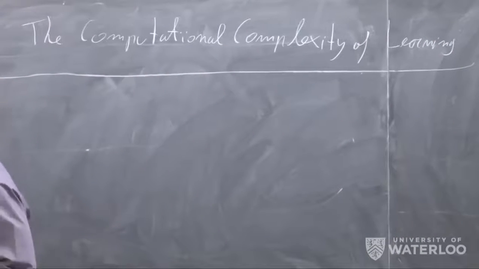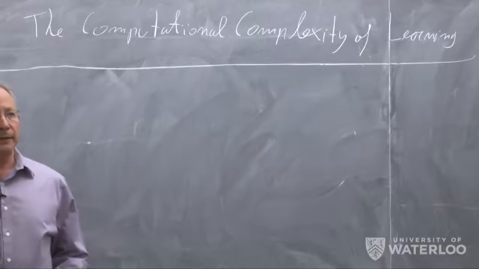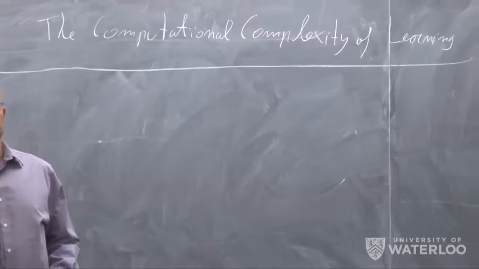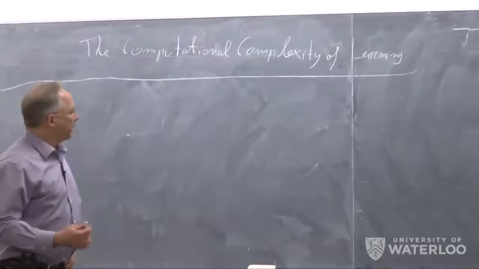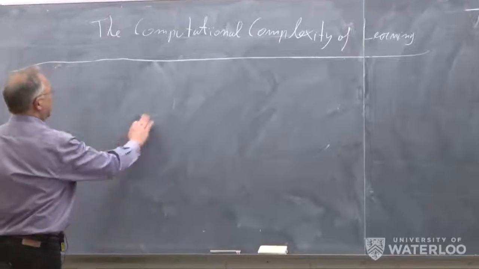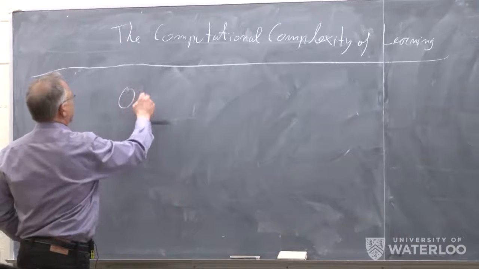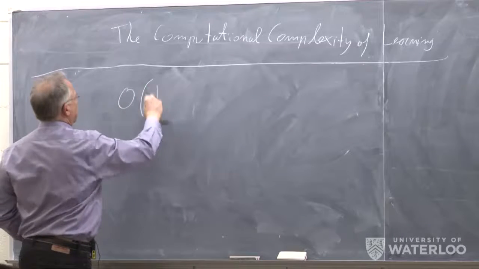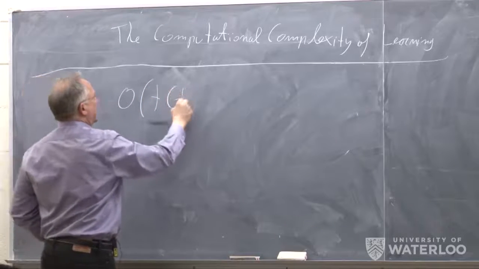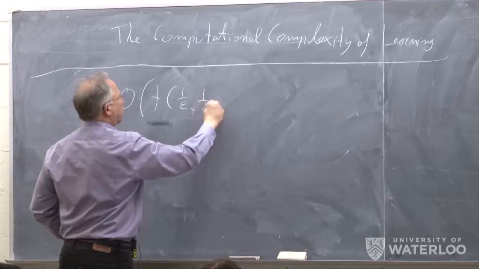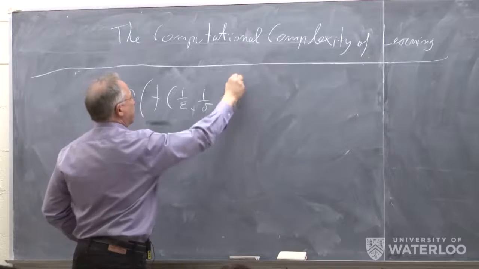And after some discussions, we came to the conclusion that what we have to look at is to estimate the computational complexity as O of a function of 1 over epsilon, 1 over delta, and some complexity parameters.